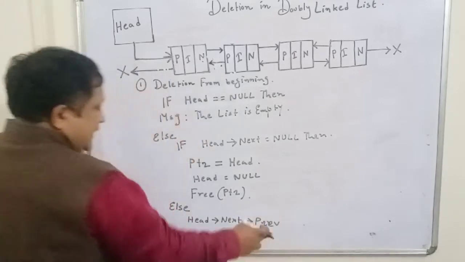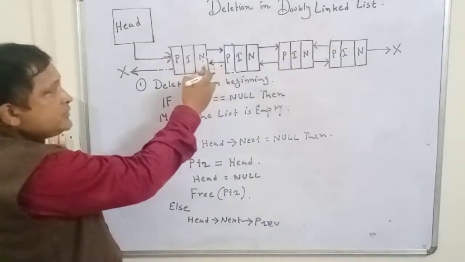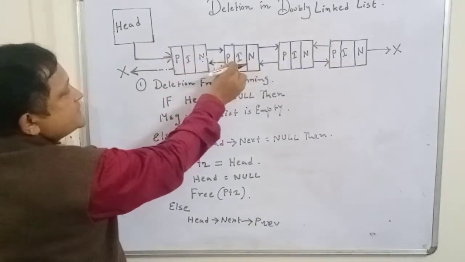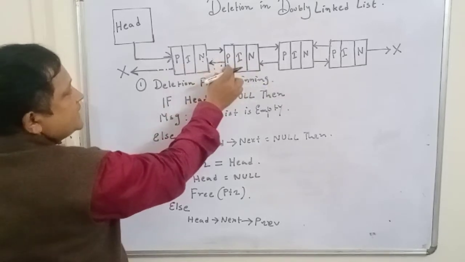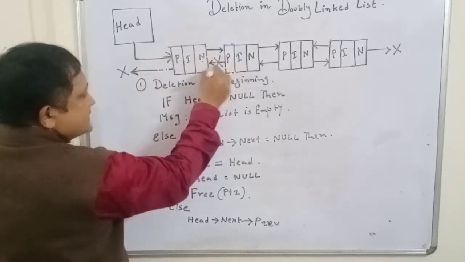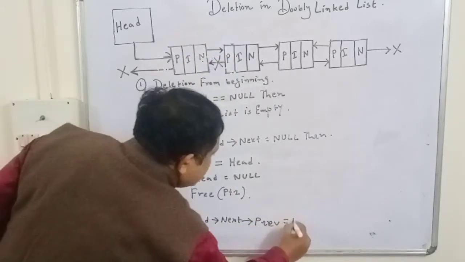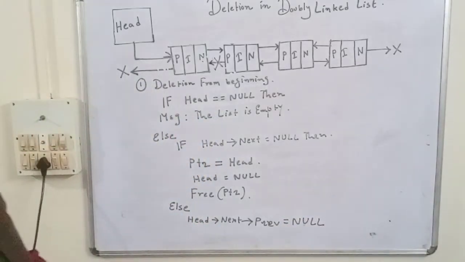This means it will point to the next part of head that contains the address of this node, and previous of this node means the previous part of the next node. This means this contains the address of this particular first node. So we are omitting this connectivity because it is assigned null. So we have deleted this connectivity.